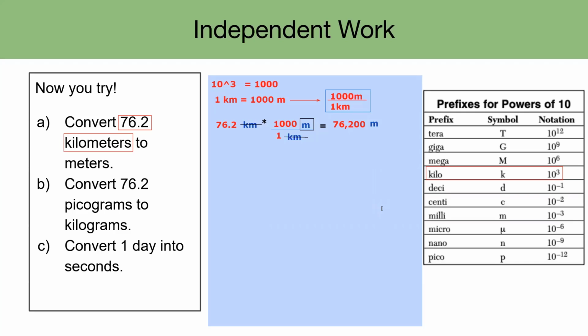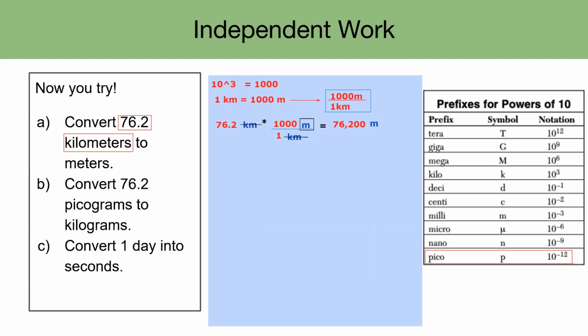Now, the next one is a little bit more complex. The reason for that is because we're going to be going from picograms to kilograms. And picograms sounds really scary. In essence, it's not as scary as you might think. Pico on our prefix chart is 10 to the negative 12.